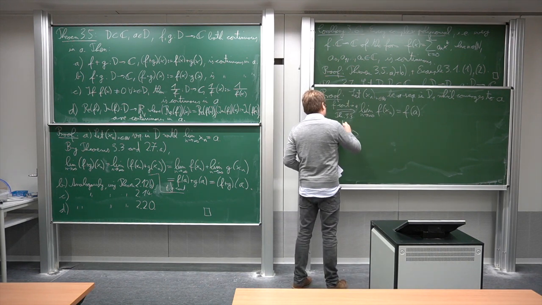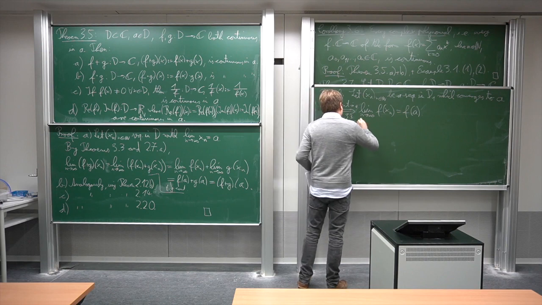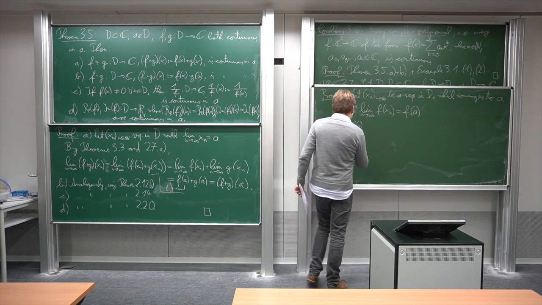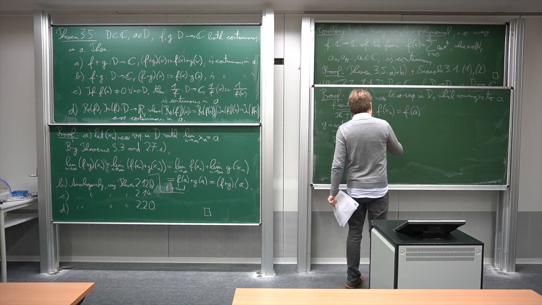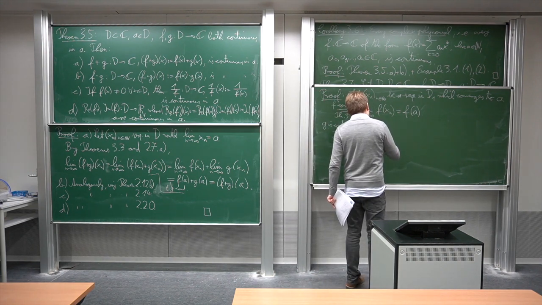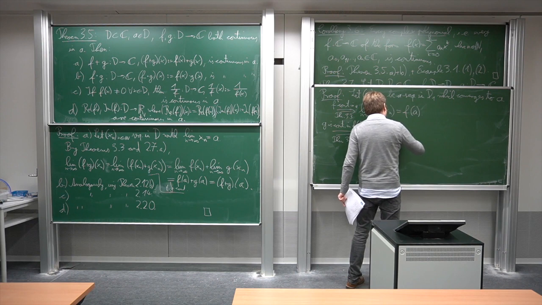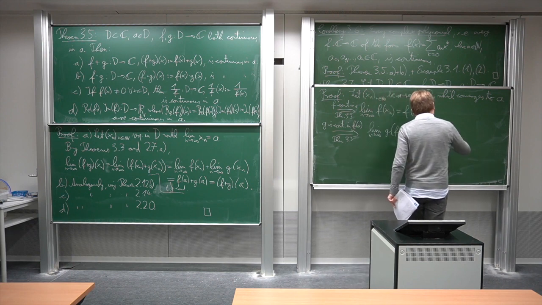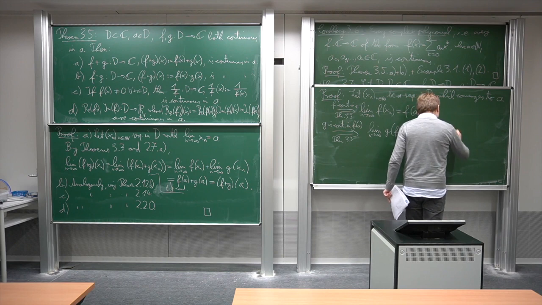So since g is continuous in f of a, we can again apply Theorem 3.3 and get that the limit as n goes to infinity of g of f of xn is g of f of a, just by continuity.